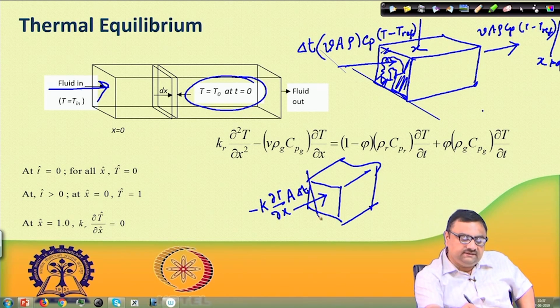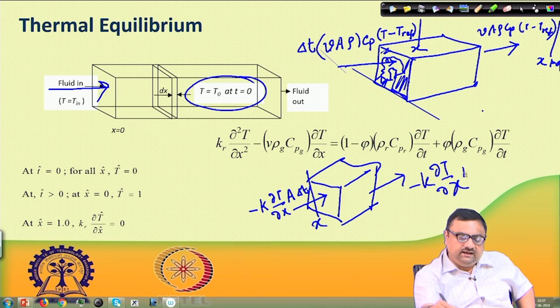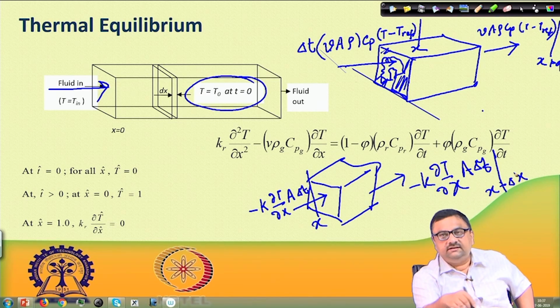Similarly, so this is at x, and similarly something is coming out from that side, k del T del x A delta t at x plus delta x. So that is something which is leaving the system, had it been a solid material.